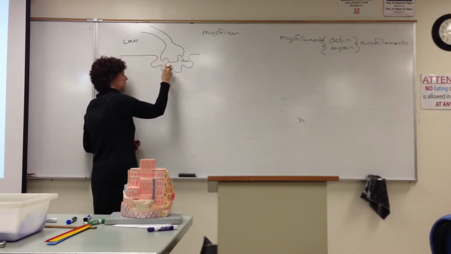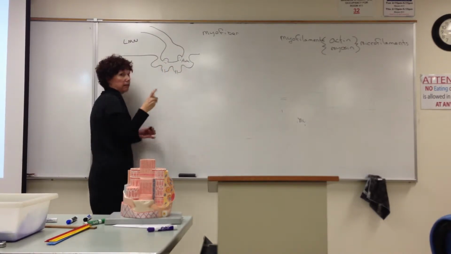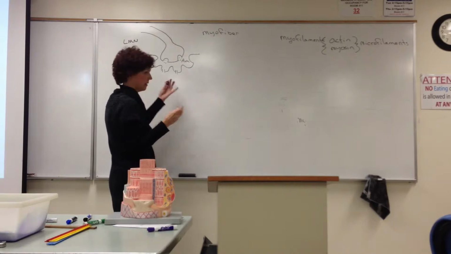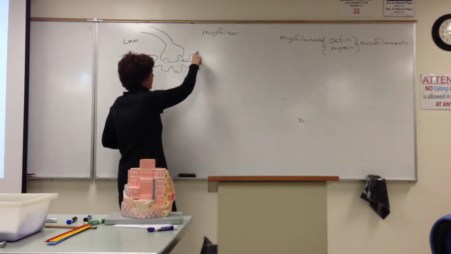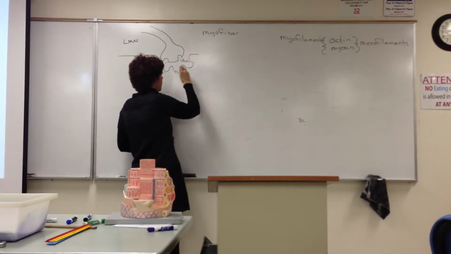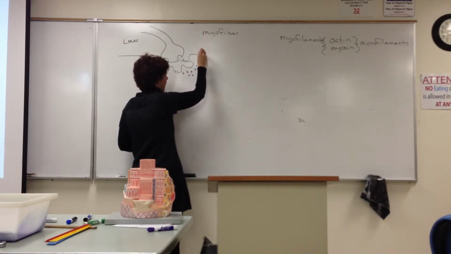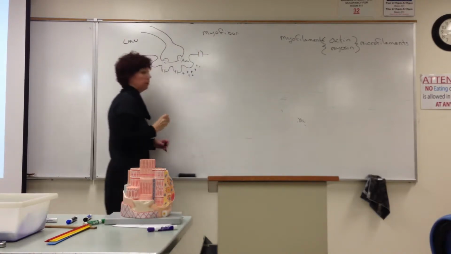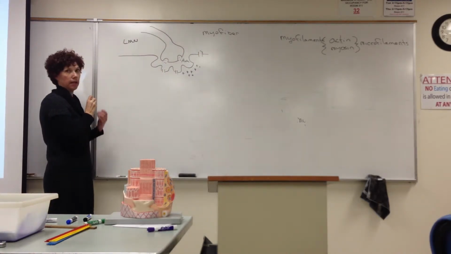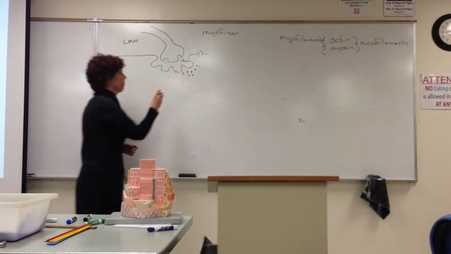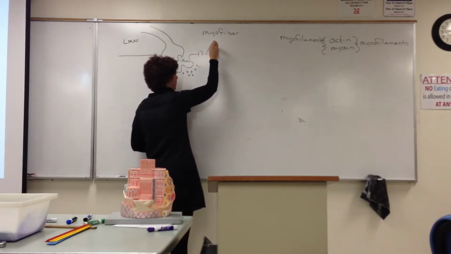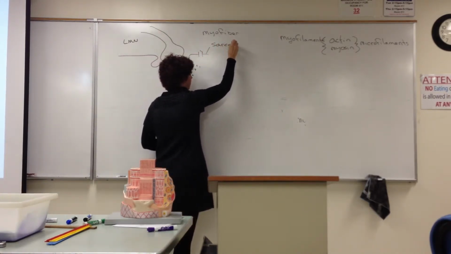It binds to ligand-gated channels. Don't worry about understanding all this. It's what we're going to talk about on Tuesday. I'm just trying to get us, if there's enough ions coming into the cell, that will open voltage-gated channels in the rest of the sarcolemma. Remember, that's the muscle membrane, sarcolemma.